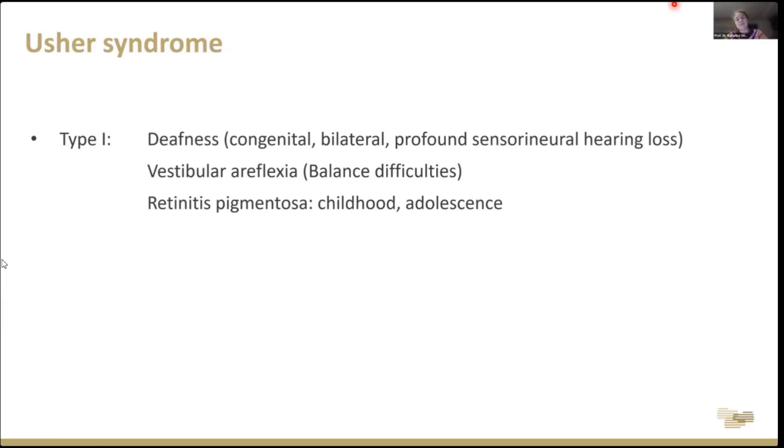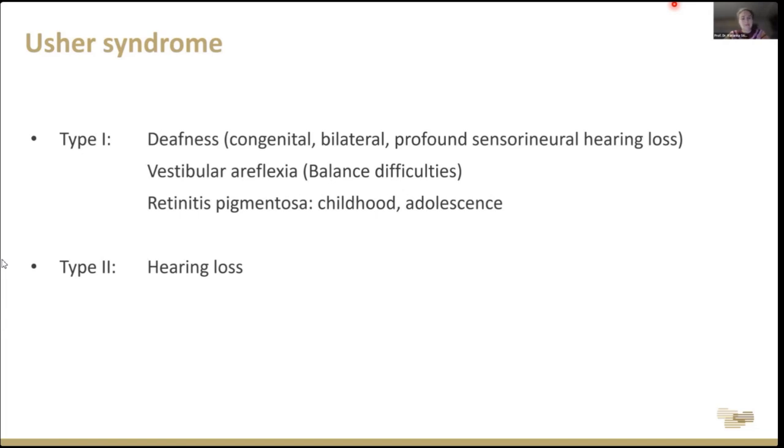So we have balance difficulties that are quite obvious in some children, and on the eye side, the classical retinitis pigmentosa. This retinitis pigmentosa doesn't have a congenital start, but develops through the lifespan and usually starts relatively early, in some patients in childhood already. Others notice first symptoms in adolescence, in the teenage years.